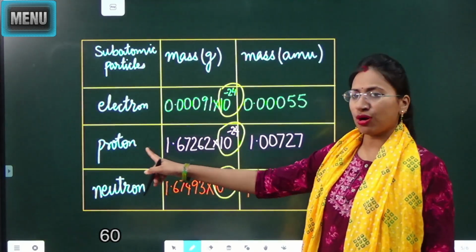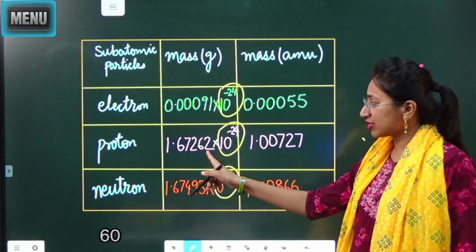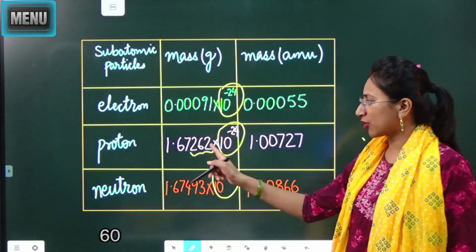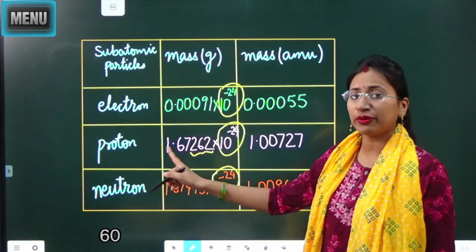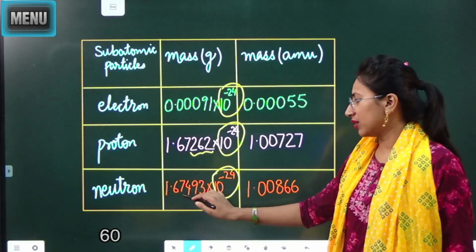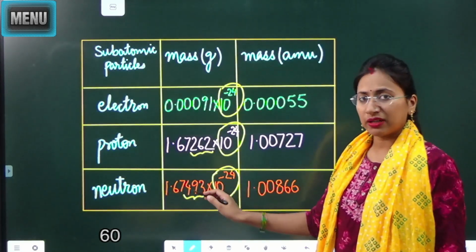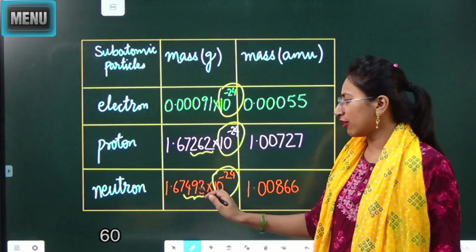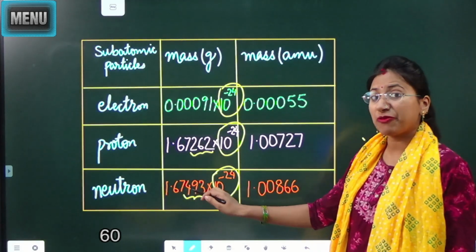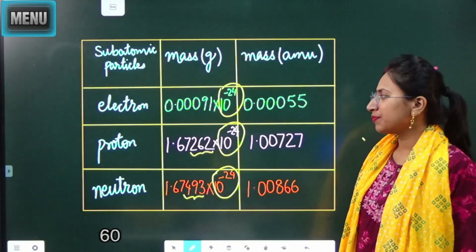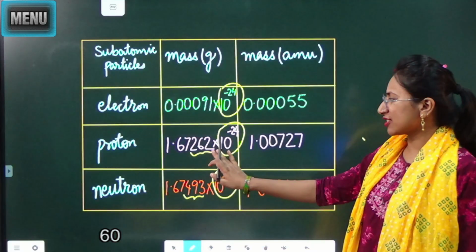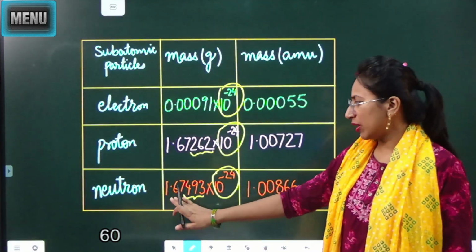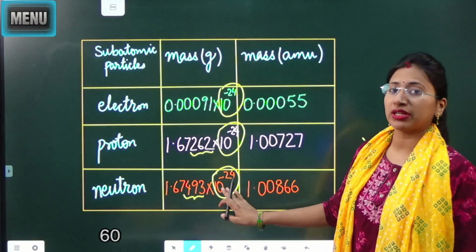Mass of proton is 1.67262, which if we round off is about 1.673, into 10 power minus 24 grams. Mass of neutron is 1.67493 into 10 power minus 24 grams.